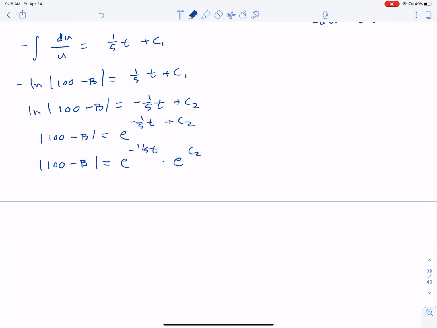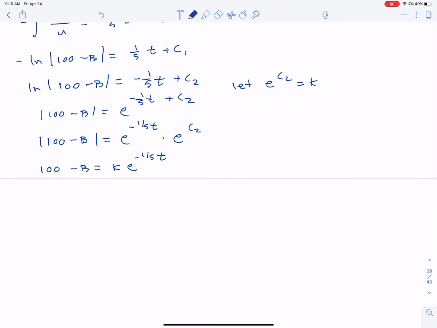I'm going to let e to the c2 just equal k. It doesn't matter; I'm going to say e to the c2 equals some k, or just some c if I want to. But now I can say 100 minus b equals k e to the negative 1/5 t.